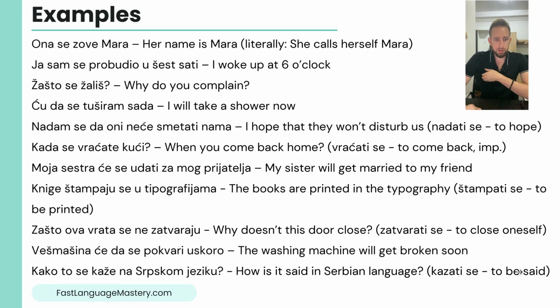Then, veš mašina će da se pokvari uskoro. The washing machine will get broken soon. Pokvariti se means to get broken, perfective form. Kvariti se, to get broken, imperfective form.